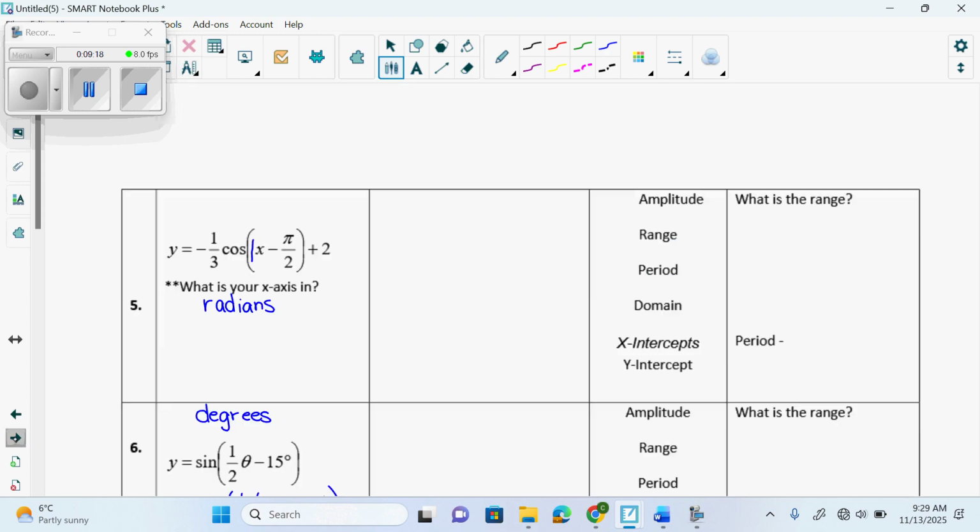Now I'm going to have stuff happening to my x's and y's, right? So this has a vertical stretch. As long as y equals, y is always the same. Vertical stretch by a factor of 1/3 about the x-axis. I don't have a horizontal stretch. I do have a reflection in the x-axis.